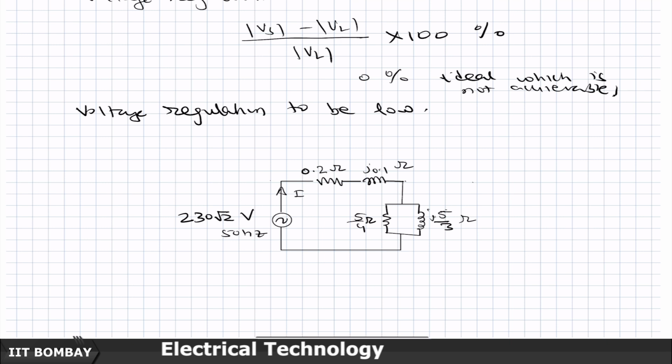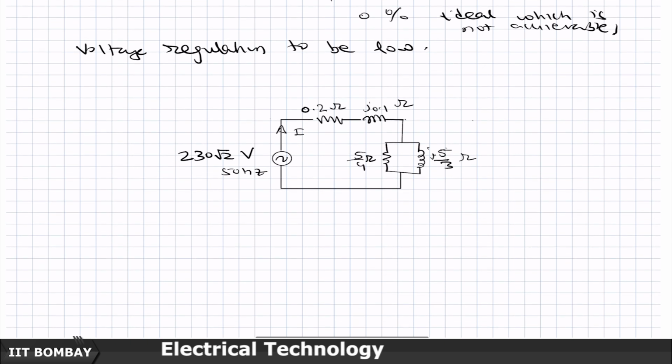So, I am going to take this as 230 root 3 volts, because right now my phasor I am associating with the amplitude or the peak value and the angle which is associated with it.